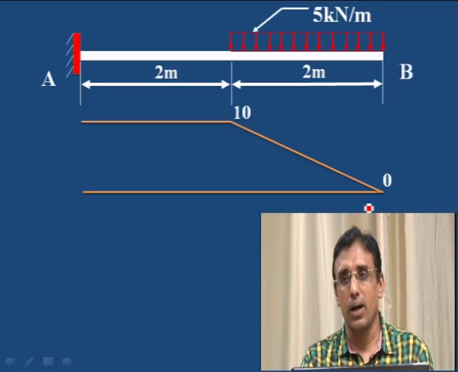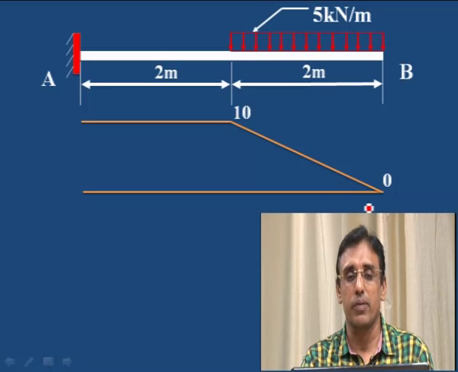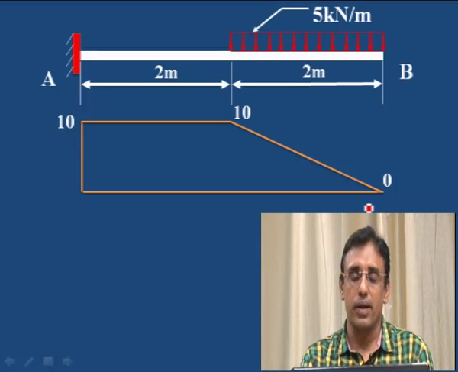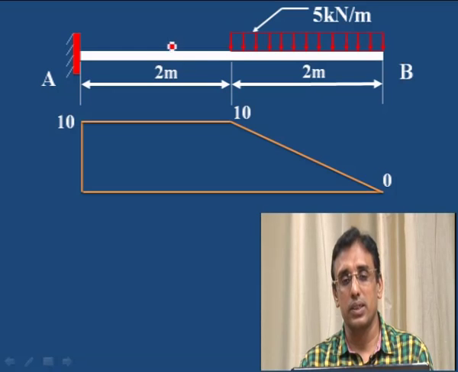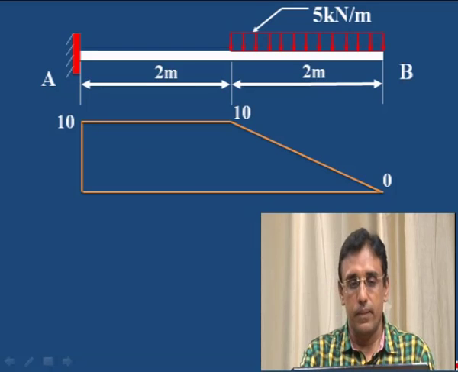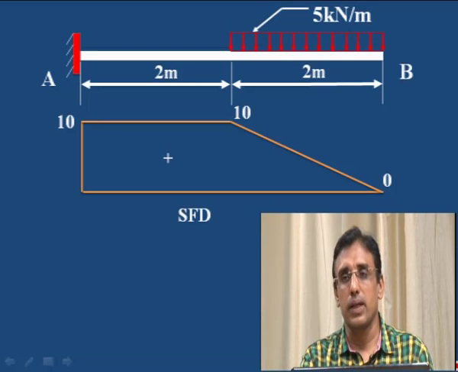Then again it is a horizontal line, because no load is added between A and C. Then join. This is the shear force diagram for the uniformly distributed load acting over half the span. If it is half the span, or whatever distance the UDL is acting, up to that distance we have to draw the inclined line, then a horizontal line.